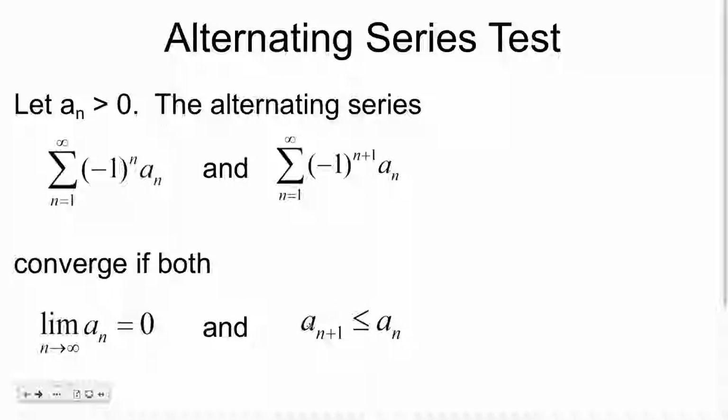And what does this mean right here? Oh, the sequence without the alternating piece is decreasing, and then that will tell us if it converges. That's not very intensive. No, that's why I said it's a nice one.